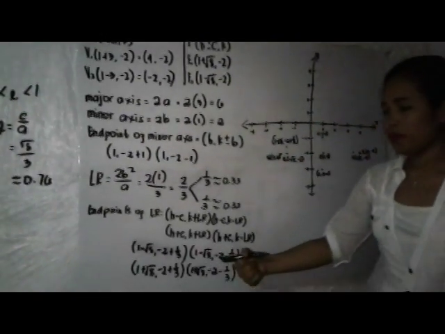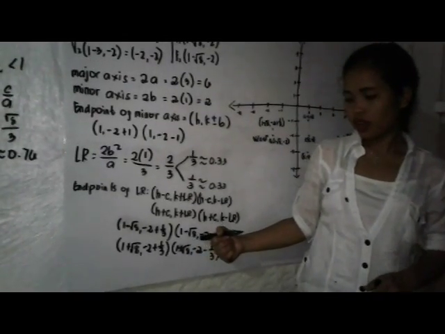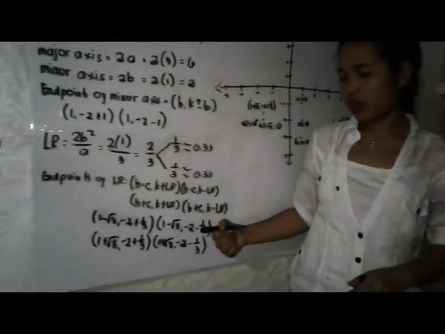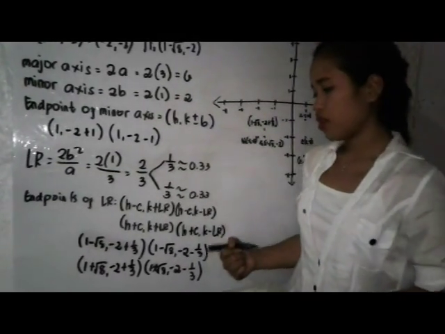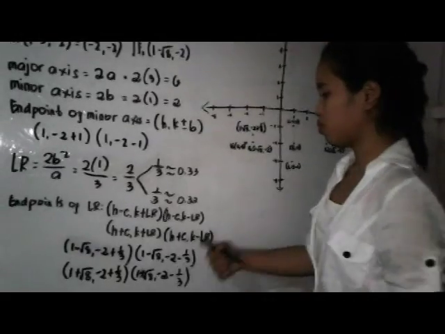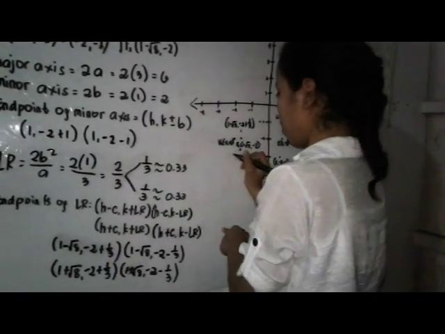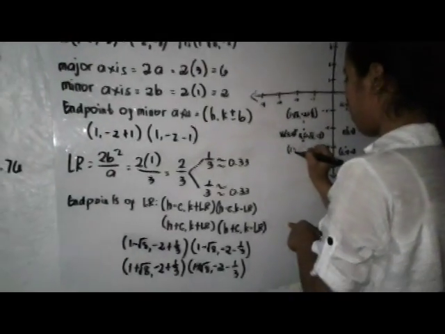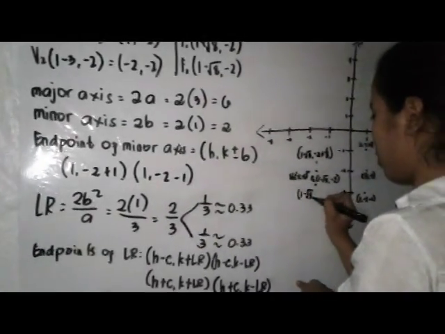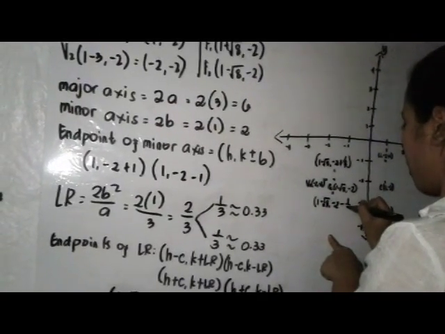Next is the positive 1 and negative square root of 8 and negative 2 and negative 2 negative 1 over 3. So this is our endpoint 2. Have 1 negative square root of 8, then negative 2 negative 1 over 3.